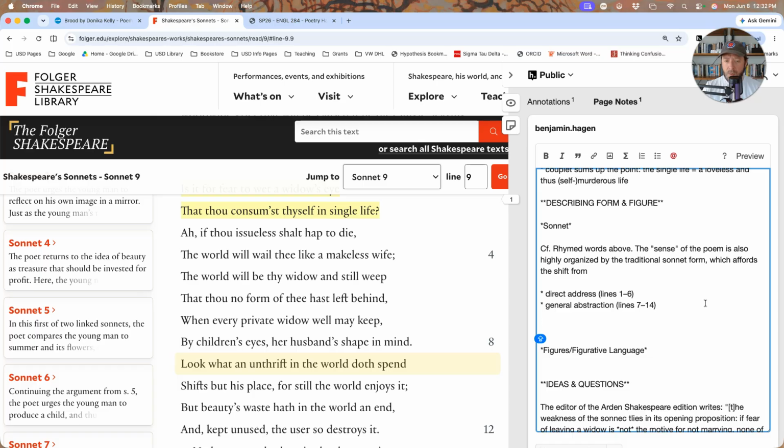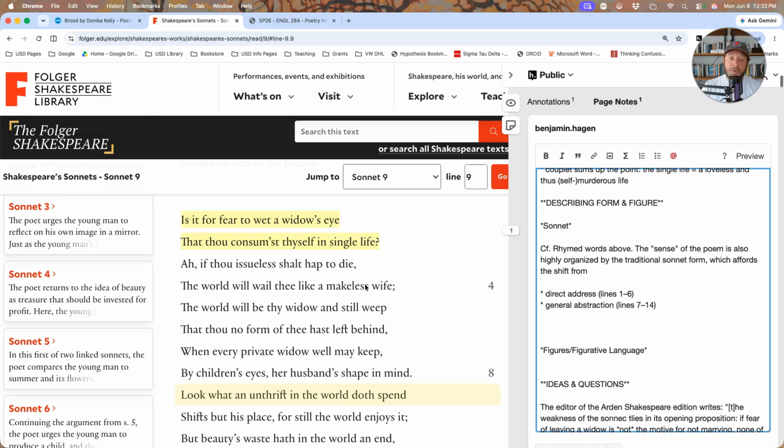And so one thing that came to mind for me on rereading this the I don't know 10th time this week, maybe more, is that we get direct address to we might call him the beloved in the poem, to thou, to you, to thy.